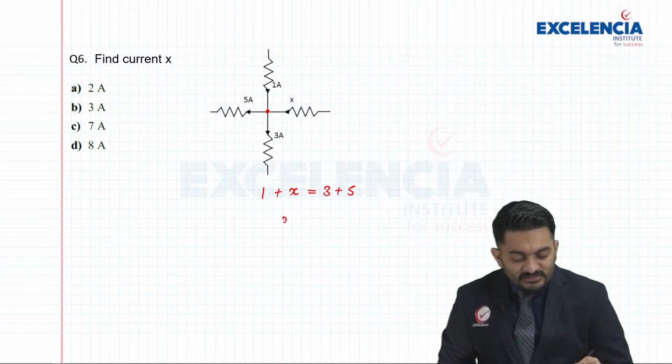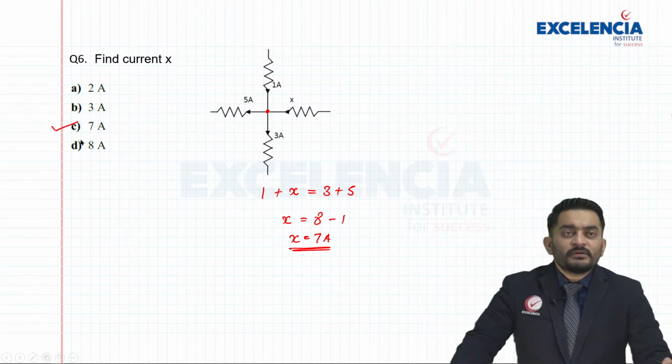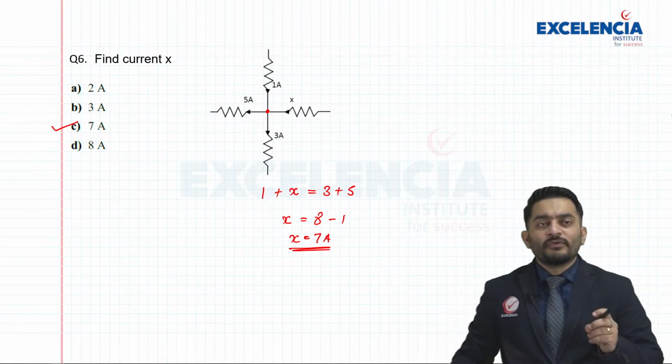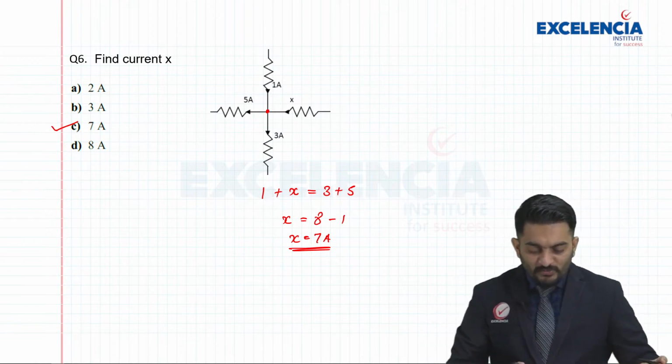The aim is to calculate X, very simple. It is 8, and if you take 1 to the other side, X is going to be 7 amp. So by using my Kirchhoff junction rule, I am able to calculate the value of current over here. Simple question, and I hope you understood what we have to do over here.